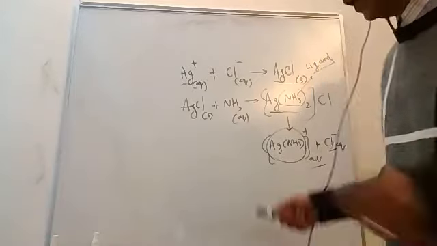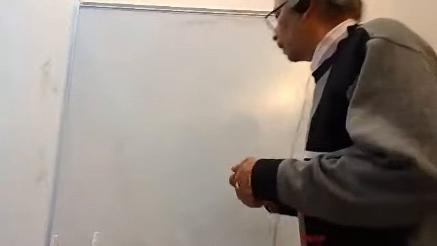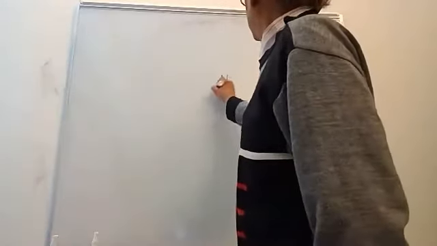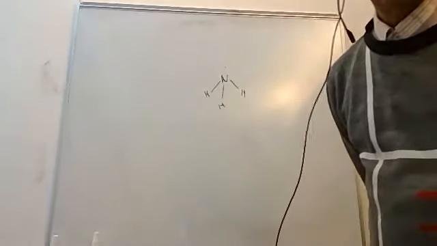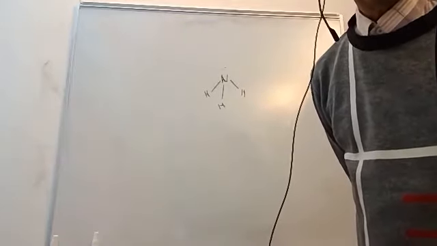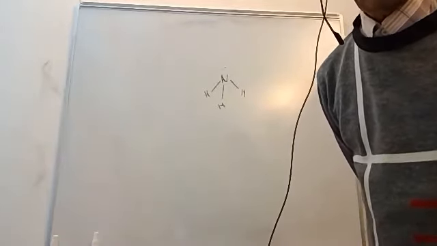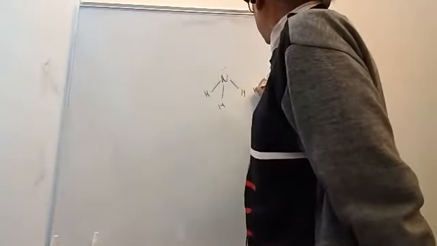Okay, so for example, if you look at ammonia, we'll start with what we know already. We know ammonia is a trigonal pyramidal molecule with a pair of electrons, which can be donated. So on that basis, this can be a ligand. Similarly, if you have water, H2O, this can also be a ligand.